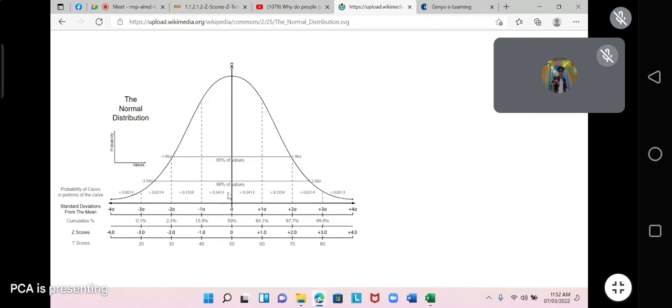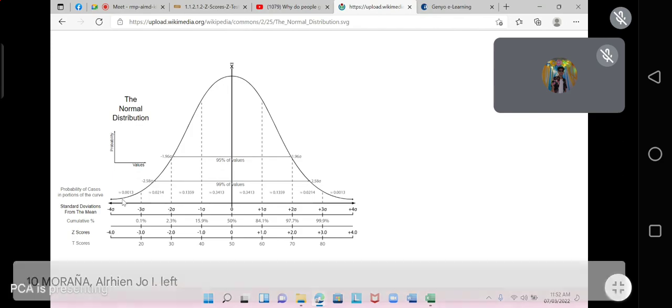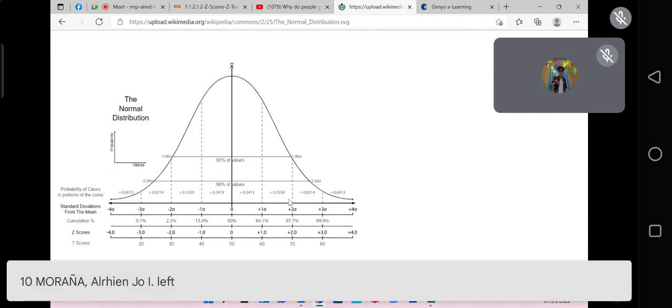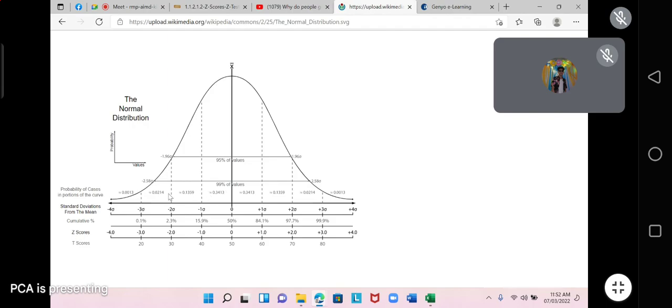It's 34.13, or 0.3413. And this next partition is 13.59, this is 2.14, and so on. We call this the probability of cases in portions of the curve. That's why when you hear proportions, it's telling about the area, the division of the area. It's proportion. What is the probability? So let's have them in this example now.